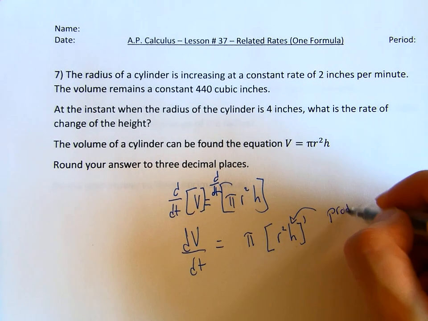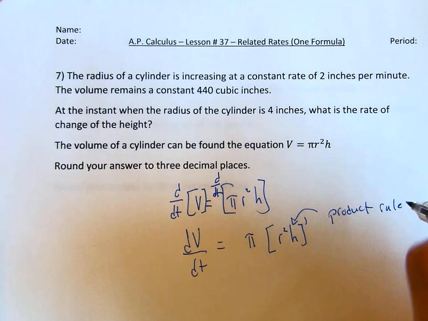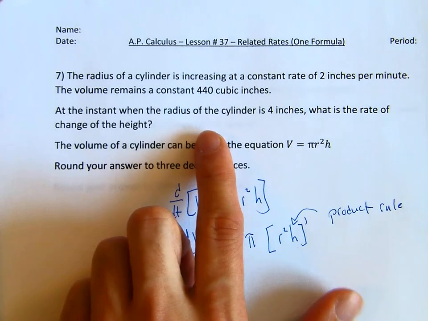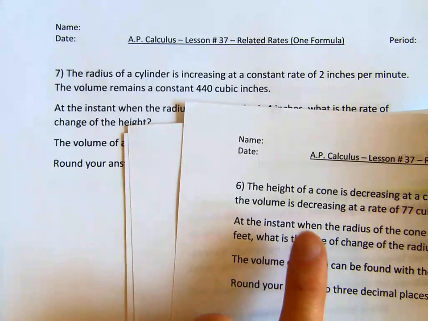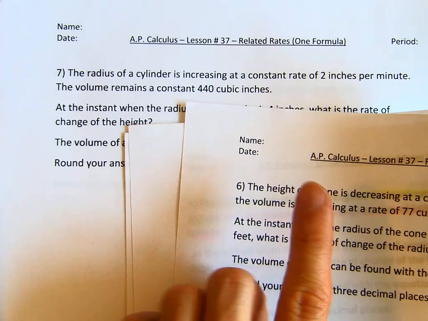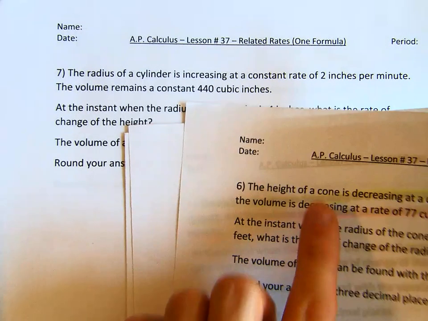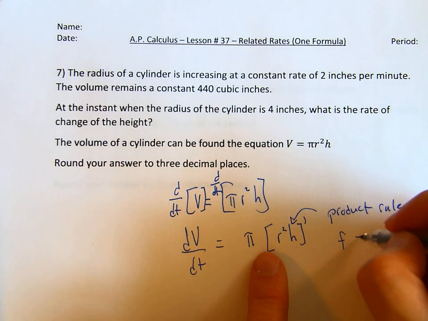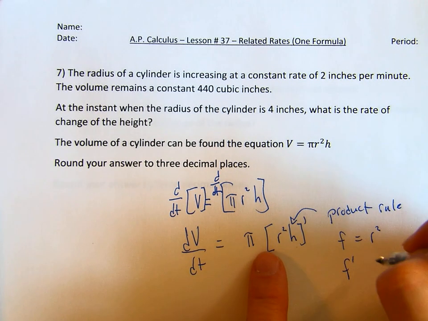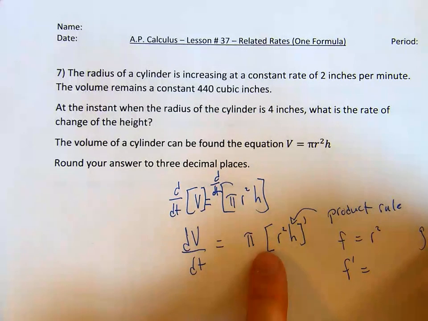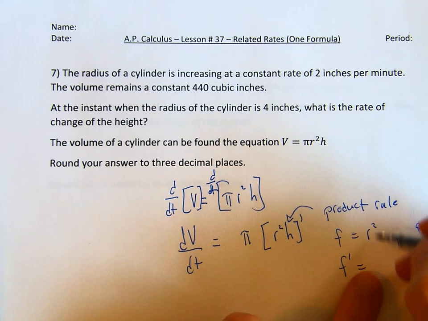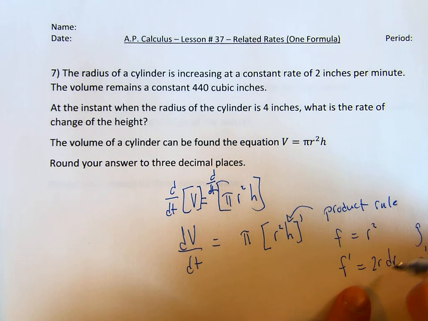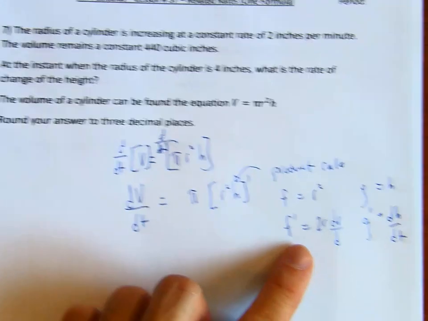You have to use the product rule. I'm guessing the cone was much more difficult, the most difficult problem. The cylinder is not too bad, but you have to use the product rule. Your f is r squared, and your f prime is something; your g is h, and your g prime is something. So it's 2r dr dt, and this is dh dt.